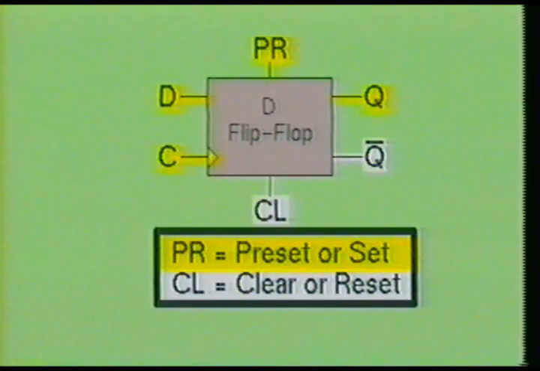In the same respect, when the clear input is at logic 1 and the preset is at logic 0, the flip-flop will set to its 0 or low state regardless of the inputs at the data and clock. If, on the other hand, both of the preset and clear inputs are made high simultaneously, the output will result in an undetermined state. It could be high or low.